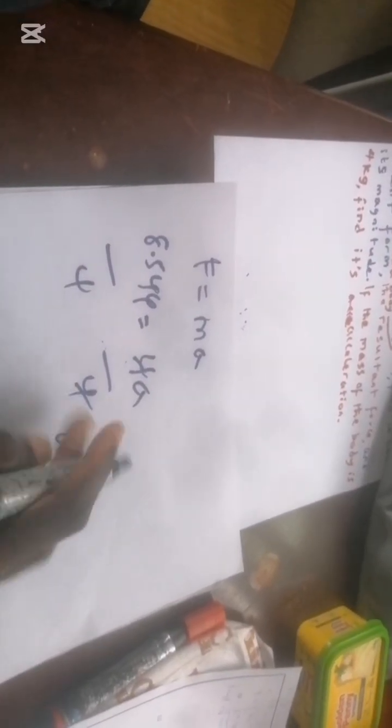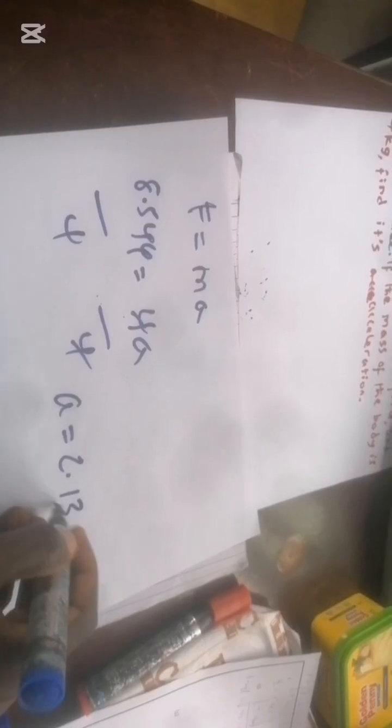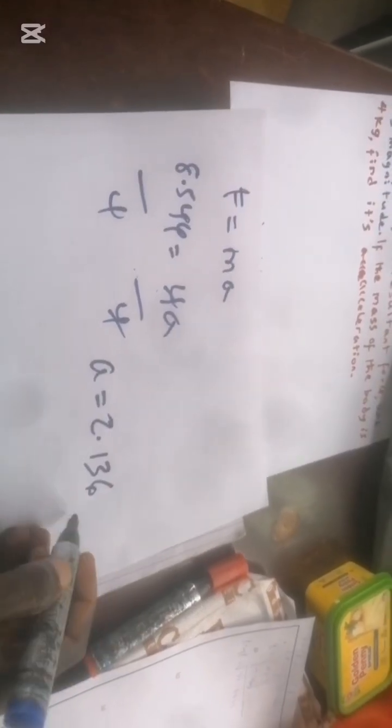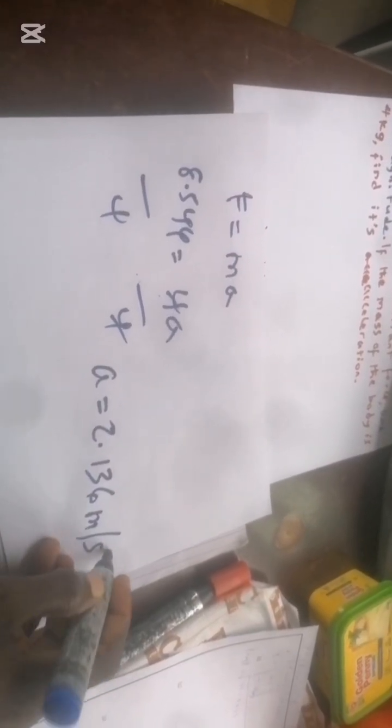So your A will now be this over 4. So now we need a calculator, right? To solve this, in calculator, you will just press 8.544 divided by 4. So the final answer is 2.136 meters per second squared. That's all. If you have any question, you're free to ask. Thank you and bye.